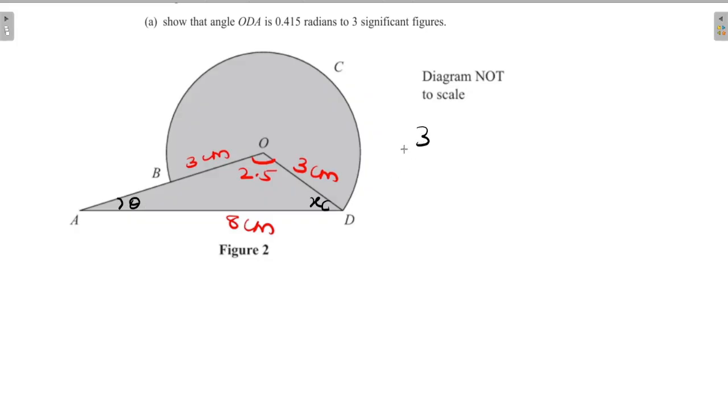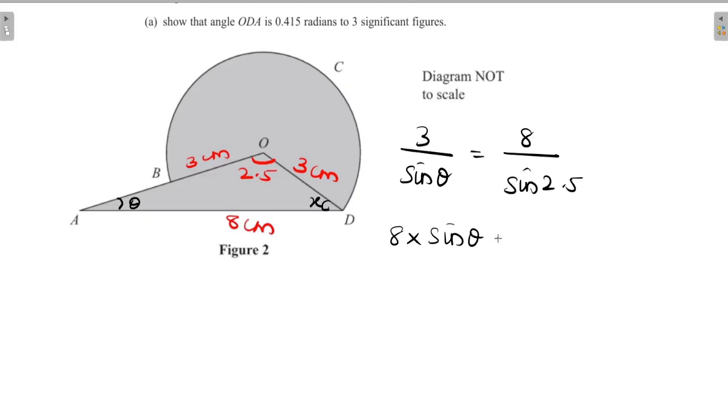So 3 by sine theta is equal to 8 by sine 2.5. By cross multiplication, 8 times sine theta is equal to 3 times sine 2.5.